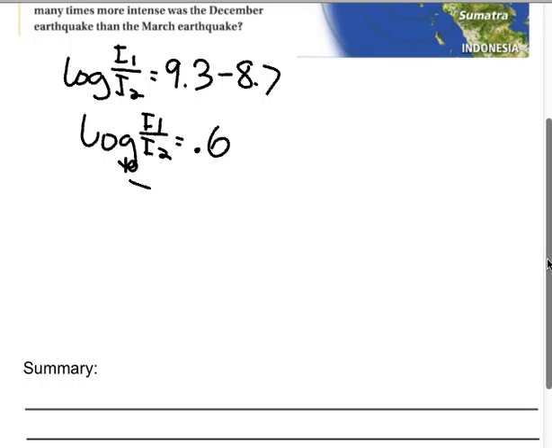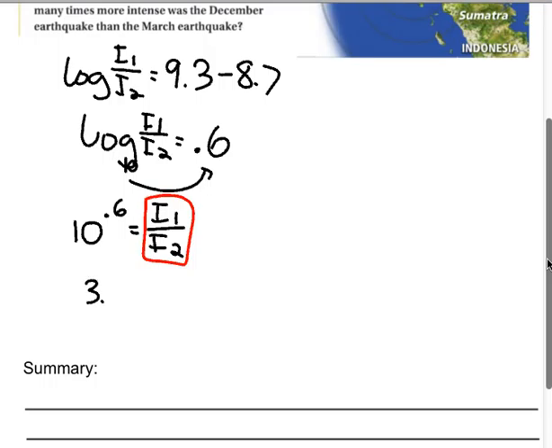So if I rewrite this, 10 to the 0.6 power gives me this. So I want to know how many times stronger that earthquake was. Well, that's what this is telling me. How many times stronger is this fraction right here? So 10 to the 0.6 power is 3.98.